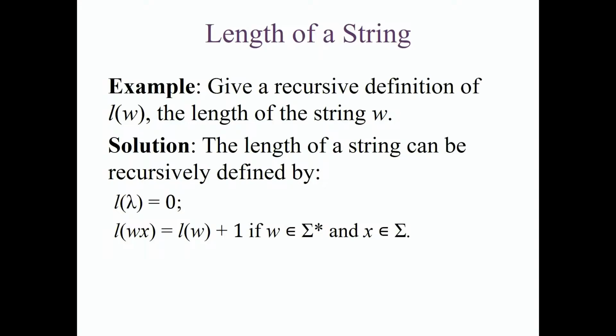So we can separate the string into a complete string w and one letter at the end. For the recursive step, we write the length of wx equals the length of w plus 1, because we know the letter x contributes 1 to the total length.